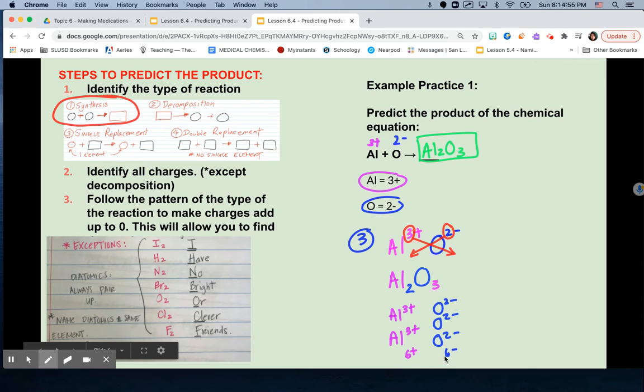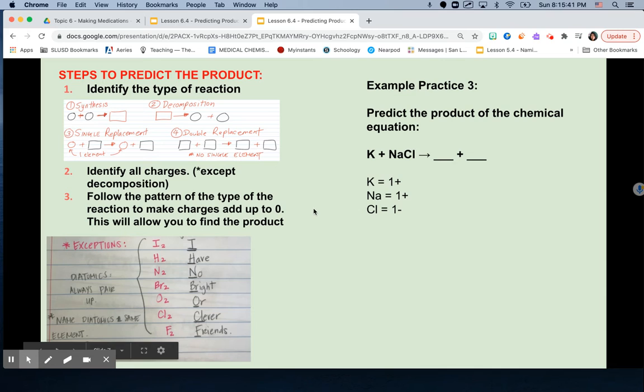So since they are the opposite values, if I add these two numbers up, it'll add up to 0, so it works. Right? This is just a shortcut version that most of you seem to find easier. Okay, let's do 2 more example problems. If you feel like you kind of got this, feel free to try the questions at the end of the slides, but I'm going to work through these 2 types of reactions, which are the harder ones.